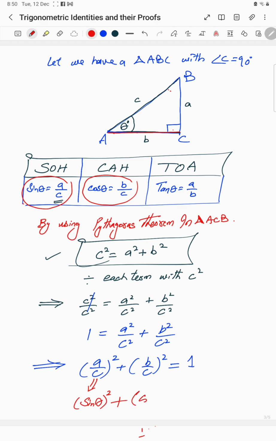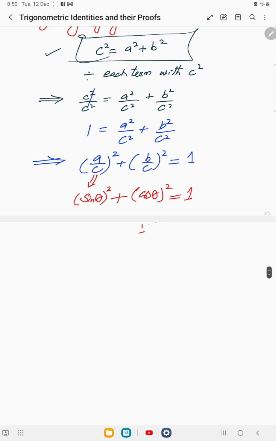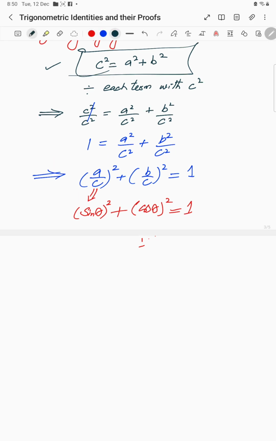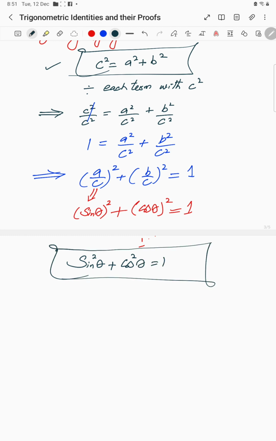So this will be cos theta square equal to 1. So finally we have proved one of the important identities of trigonometry, that is called the basic identity as well. That is sine square theta plus cos square theta equal to 1. So whenever we have this form, sine square theta plus cos square theta, that can be equal to 1.